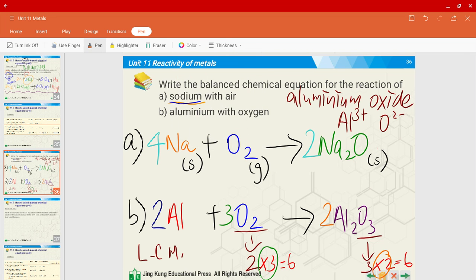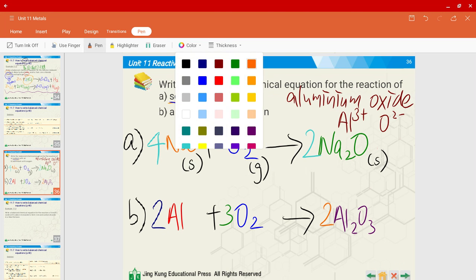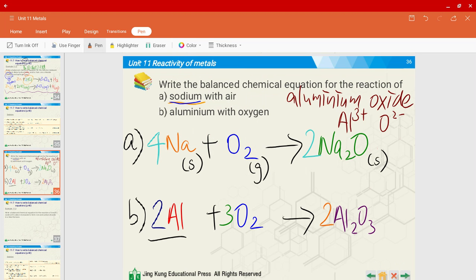Okay, let me rub everything out so it's easier to see. Now we'll need to look at the aluminium again. This time, there are only 2 on this side. Over here it's changed, there are 4.